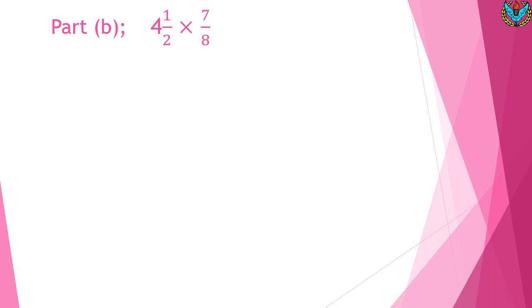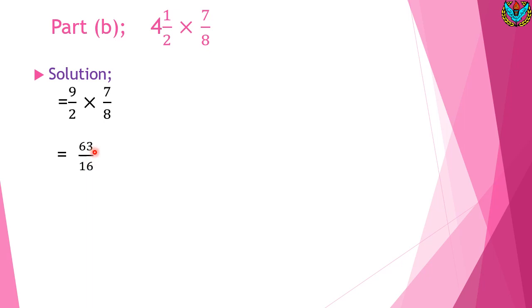Look at part B now. 4 whole 1 by 2 multiply by 7 by 8. We have to multiply a mixed number and a fraction this time. We will convert this mixed number into improper fraction first. 2 times 4 is 8 plus 1, 9 by 2. We will multiply 9 by 2 by 7 by 8. Now simply multiply numerator by numerator and denominator by denominator. 9 times 7 is 63. 2 times 8 is 16.